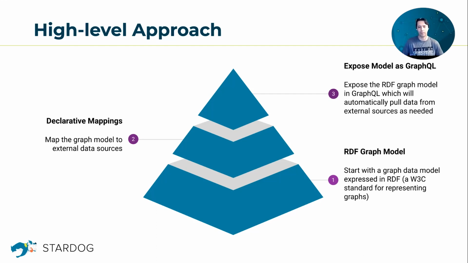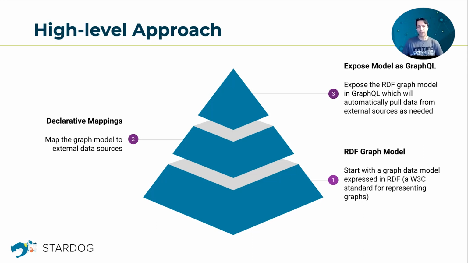There's a lot of overlap between the graph models. We are using a standard called RDF, Resource Description Framework, a graph data model standardized by W3C to represent graph structures. That's the core of our platform.